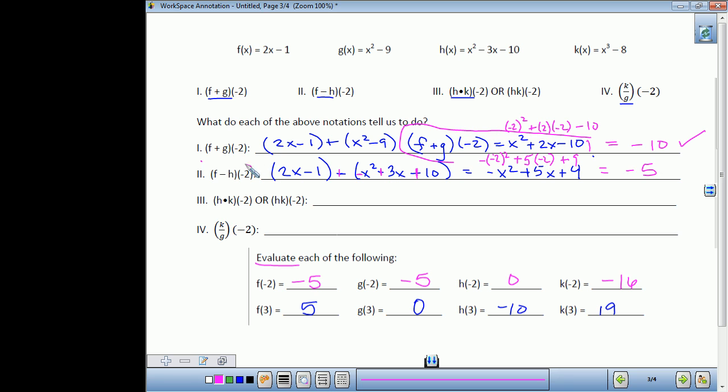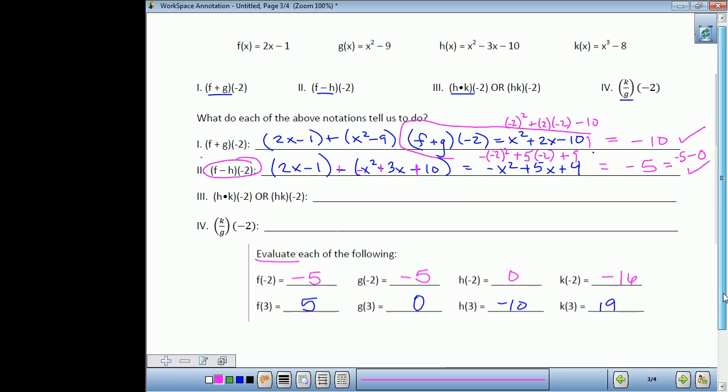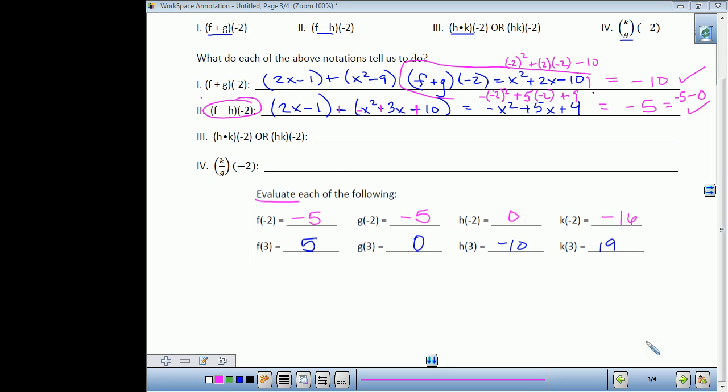Now what would happen if I did f minus h down here? So f was negative 5 and h is 0. Are those two the same? Correct. Yes. Woo, I'm seeing a shortcut. Let's see if it works on everything. Alright. Now this multiplication is just ugly.